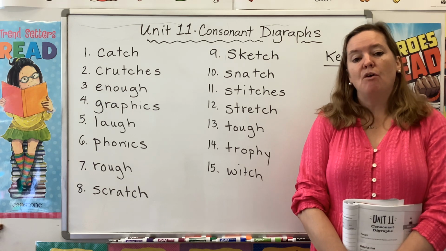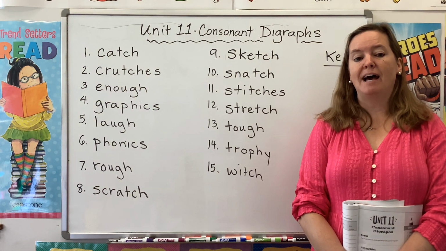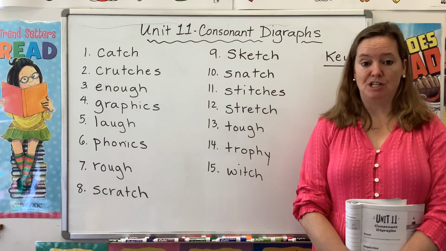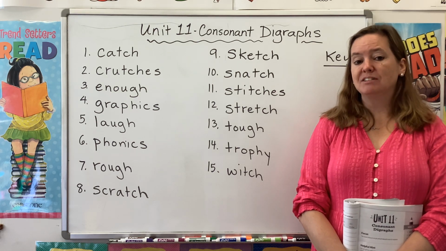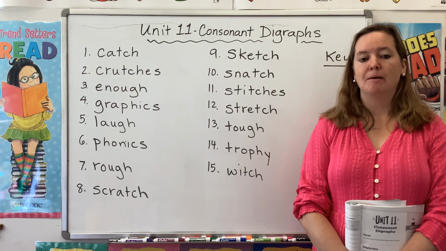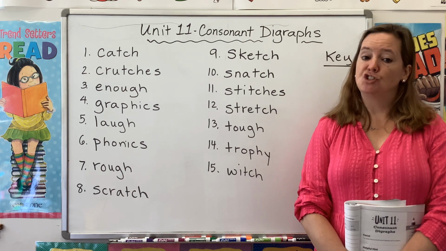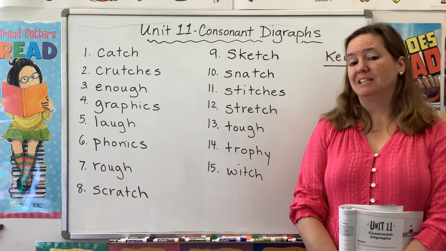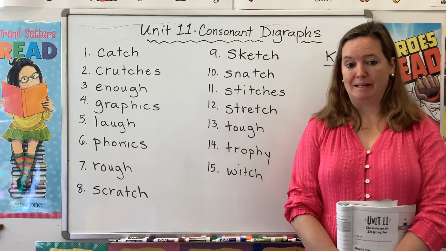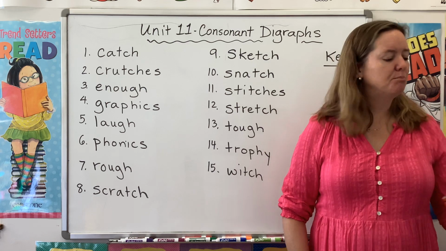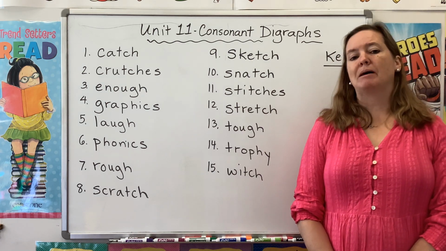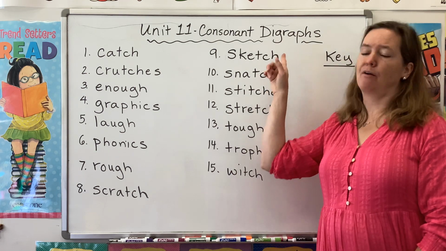All right, so I know for the last few weeks, we have been learning about soft C and soft G. And we learned that soft C and soft G make the S and J sounds and only appear before the letters E, I, and Y. Well, we're going to take a little break from those patterns this week, and we're going to talk about something called digraphs.